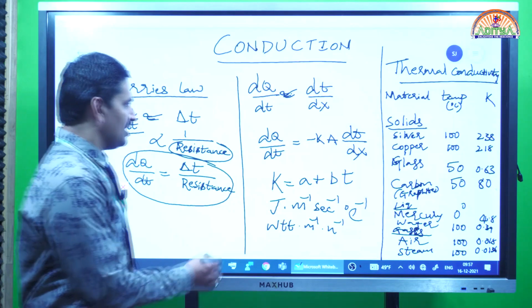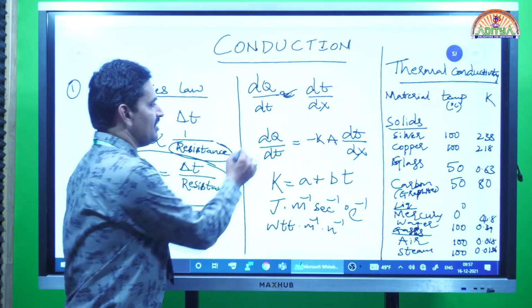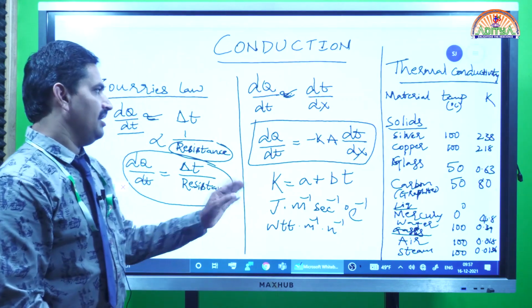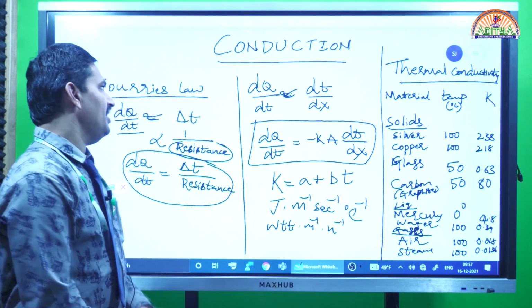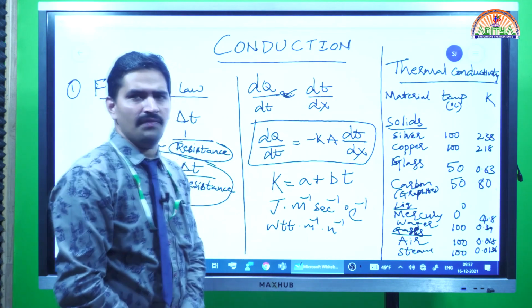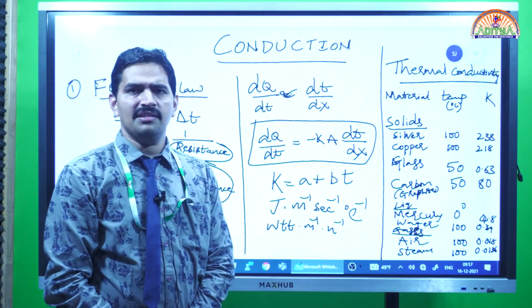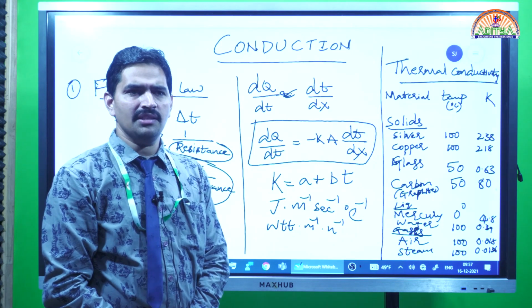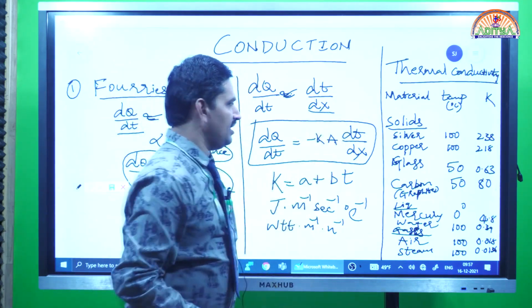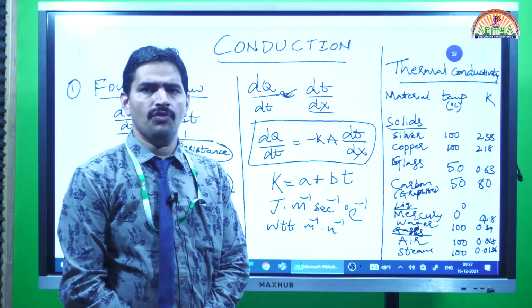The complete equation for Fourier's law is dq by dt is equal to minus k into A dT by dx, where the rate of heat transfer is directly proportional to the temperature difference between two areas through a unit flow path. dx means unit flow path.